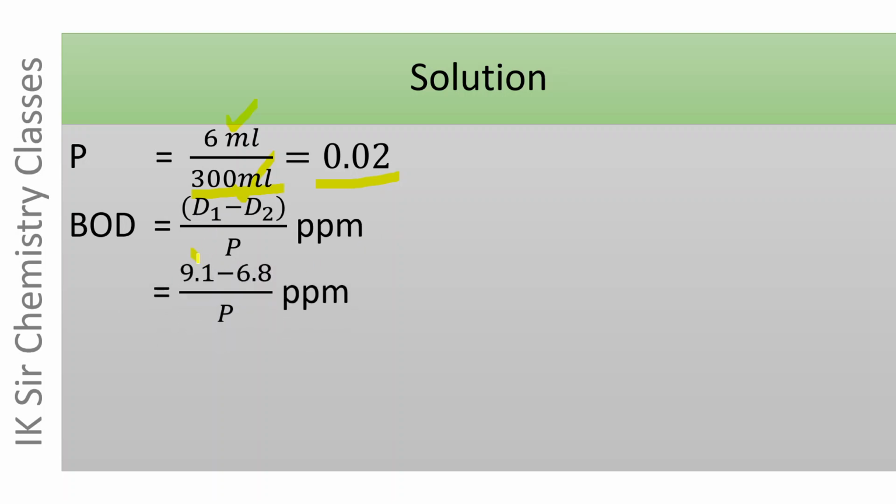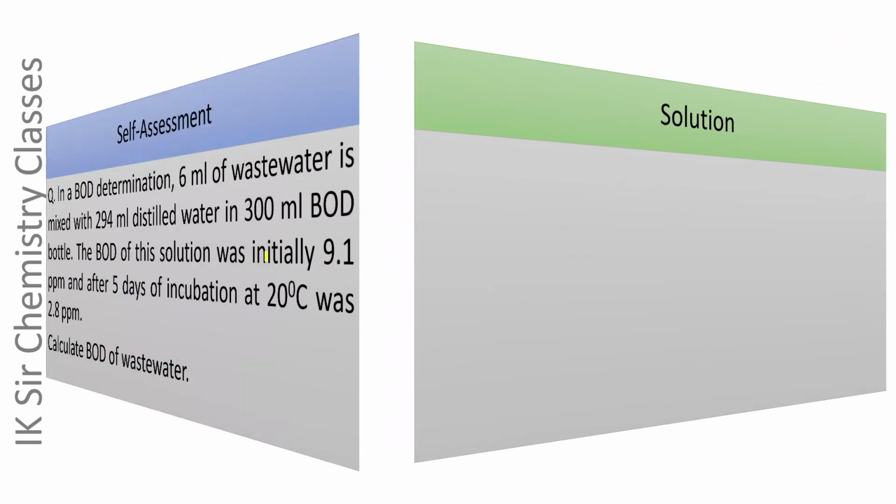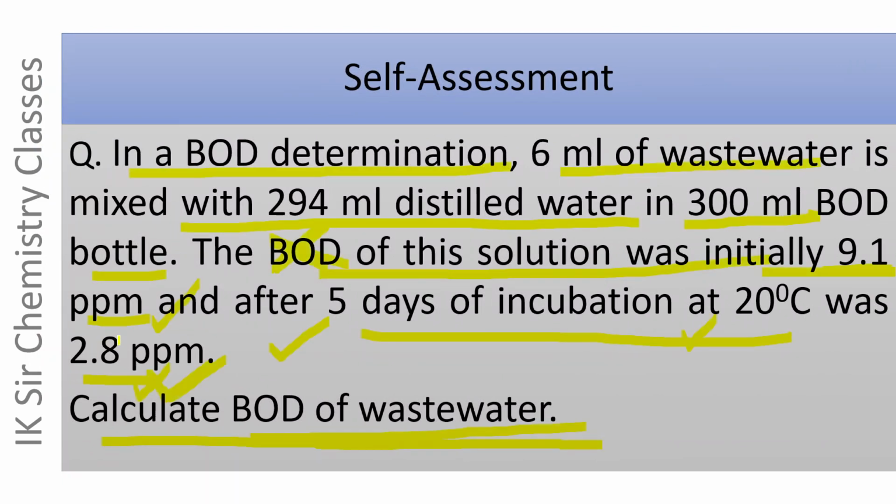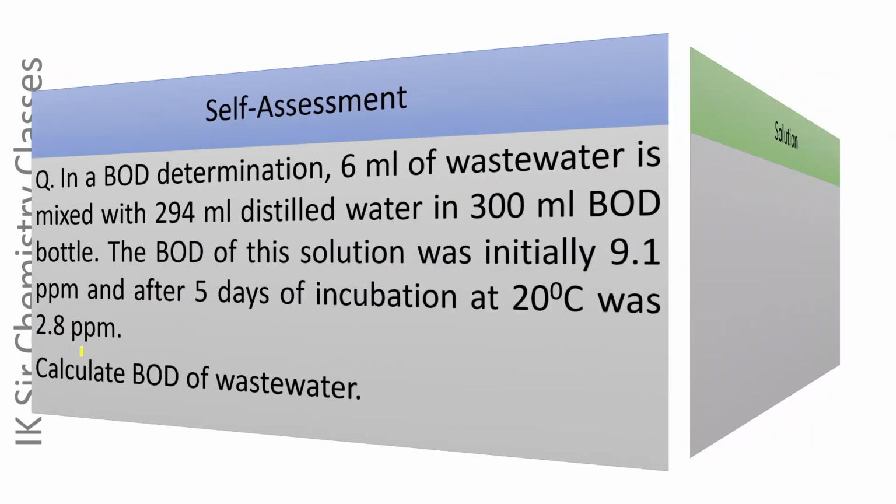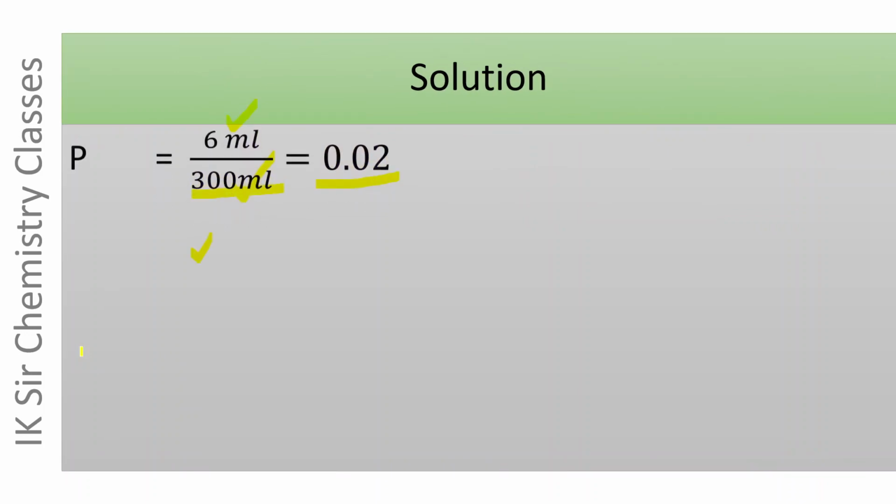D1 is 9.1 as given in the problem and D2 is 6.8. This should be read as 6.8, not 2.8. 6 divided by 300 ml, that is 0.02, is the value of P.